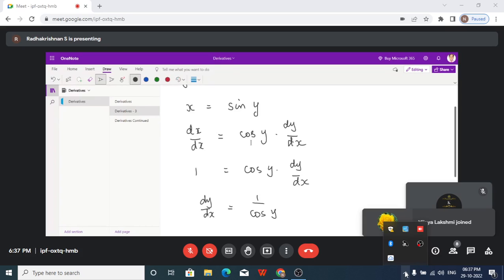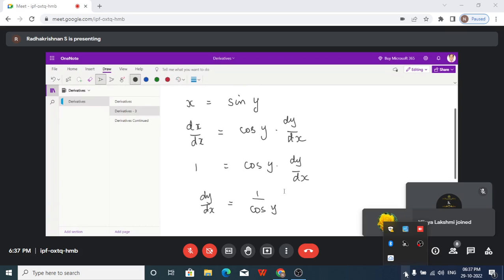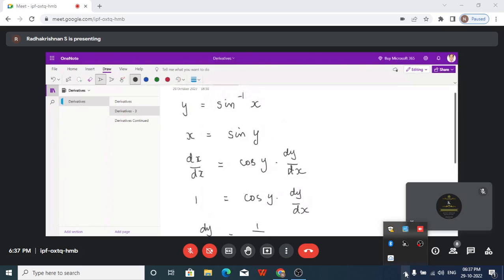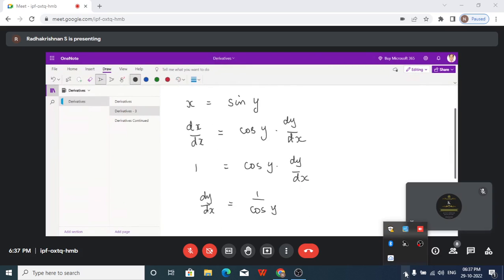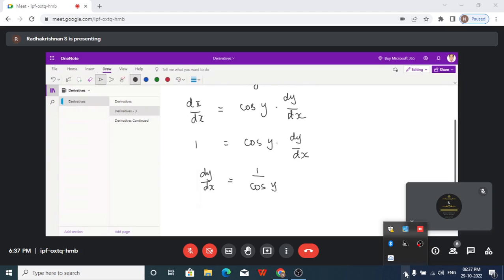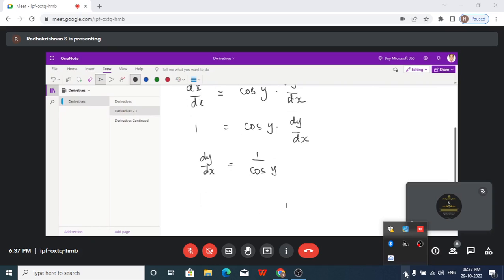So now we have to get it in terms of x, right? dy by dx we want to get in terms of x, because y equal to sine inverse of x அப்படின்னு கொடுத்திருக்கு. So dy by dx should also be in terms of x, not in terms of y. So now how can we get it in terms of x?